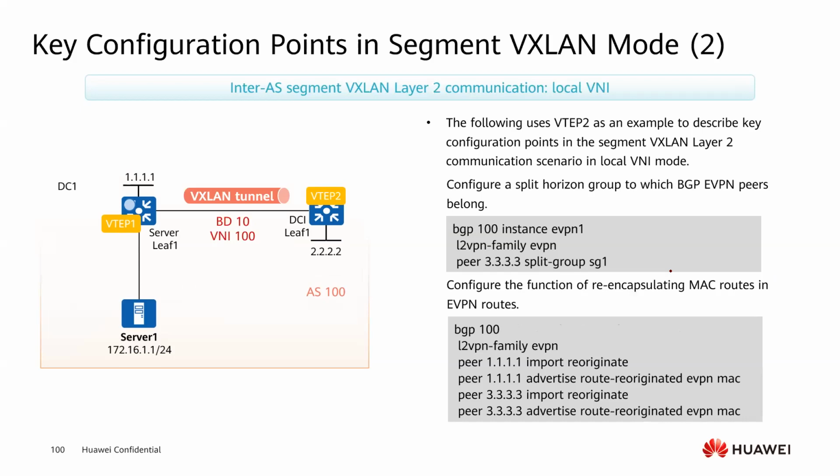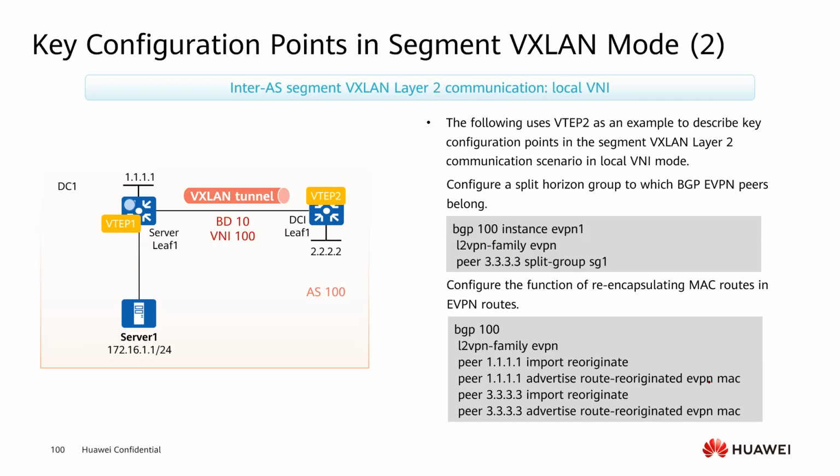And for the level 2 communications, we need to configure the split group. You can think of it just as a regulation. We must configure the split group, and you need to configure the DCI leaf and the server leaf to different split groups.